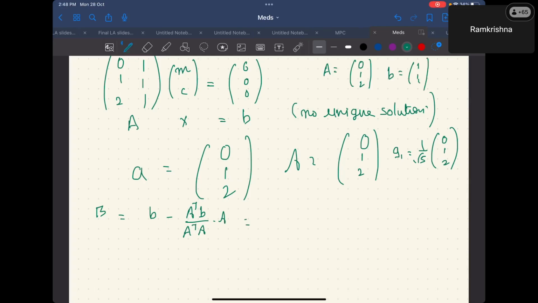What will this be? If someone can quickly compute. B is (6, 0, 0). Okay, this A, I'm looking here at this A right now. Don't confuse it with the general A. Suppose B.